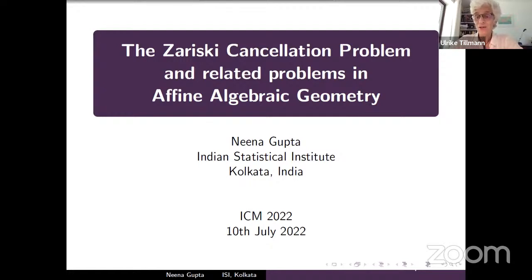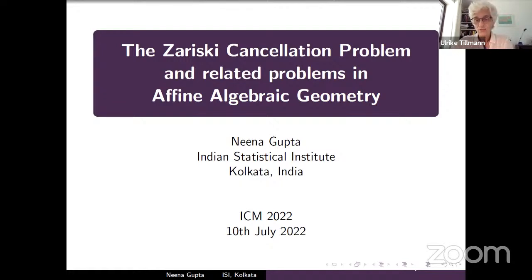So we are now going to hear a talk in the algebra section, which is also cross-listed as algebraic and complex geometry. And the speaker will be Neena Gupta. Neena got her PhD in 2011 under the supervision of Amartya Kumar Dutta from the Indian Statistical Institute. And after spending some time at Bombay, Neena returned to the Indian Statistical Institute in Calcutta and is there right now.